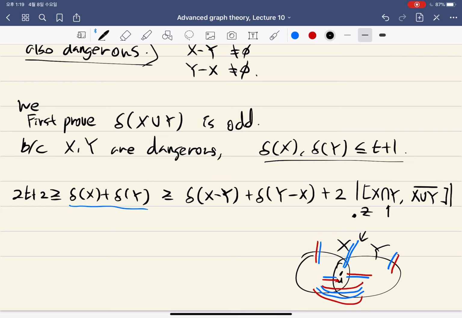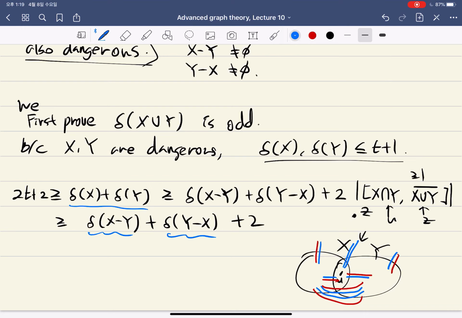But U is here and G is here. So this is at least 1. So here we have delta X minus Y plus delta Y minus X plus 2. But what do we know?